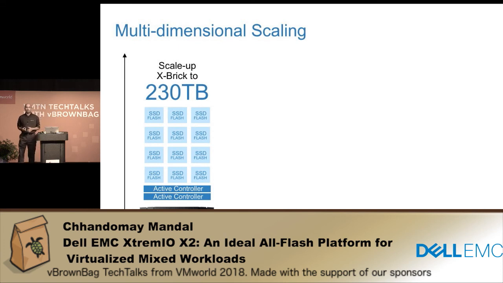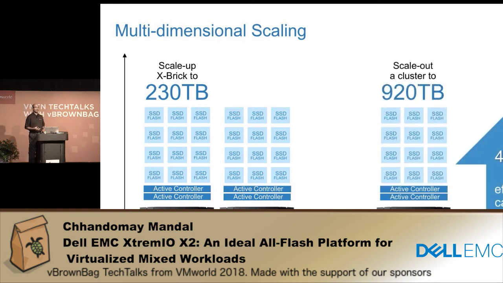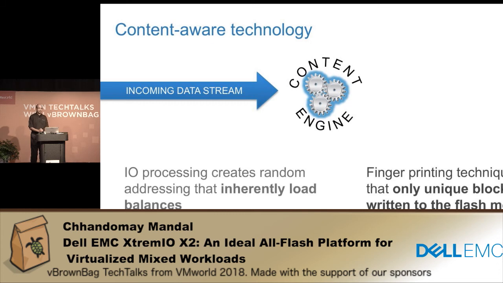Now, when you need to grow further, you can scale out linearly, both for performance and for capacity, adding more X-Bricks into the cluster non-disruptively, scaling up to 920 terabytes of raw capacity. When you consider the data reduction efficiencies, a single XtremIO cluster can go up to nearly 5 petabytes of effective capacity. So as you see, you can start really small, but then scale up and scale out to petabytes of storage. How do we do it?